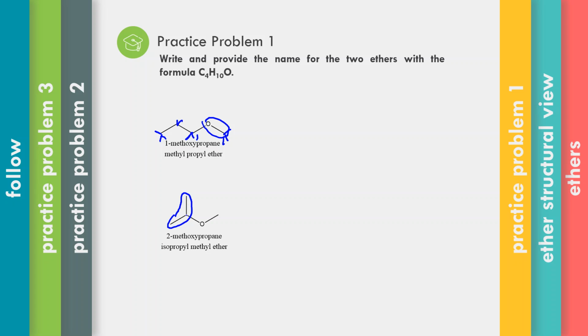On the second carbon, we get this substituent. So again, it's a methoxy. The reason being, 1 carbon, methyl, and oxygen, methoxy. And it's all connected to the second carbon. So here is the name.